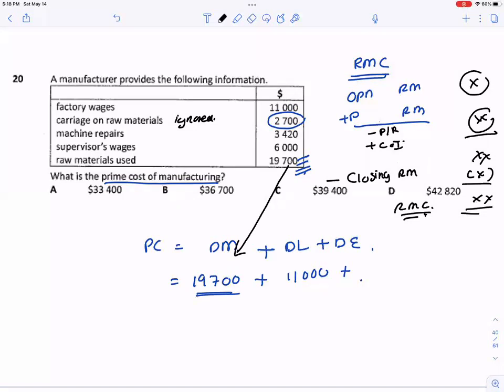Then we'll have the direct labor. What is the direct labor? Factory wages. What would be the direct expenses? Machine repair? There are no direct expenses. I told you machinery repair is not a direct expense. Only two. What are the two direct expenses?